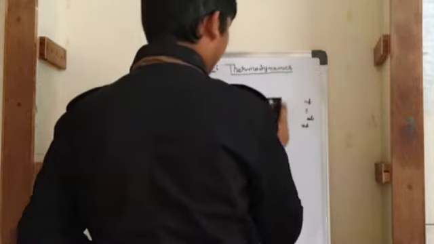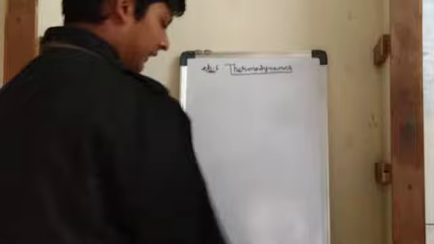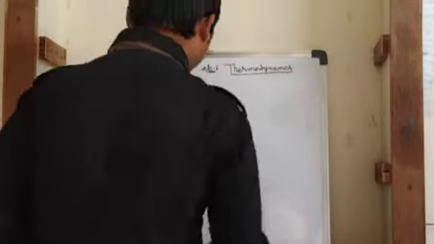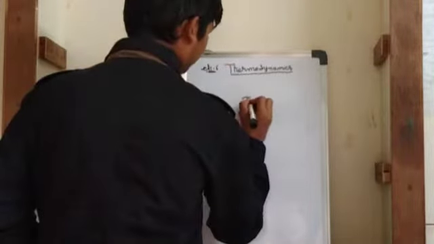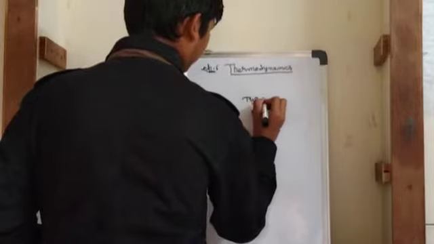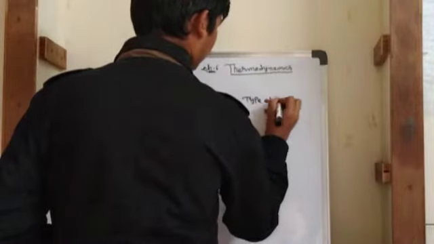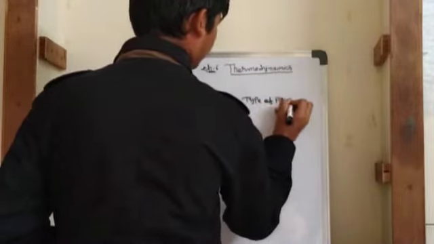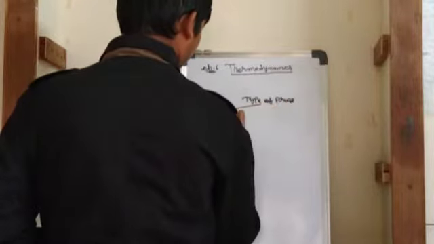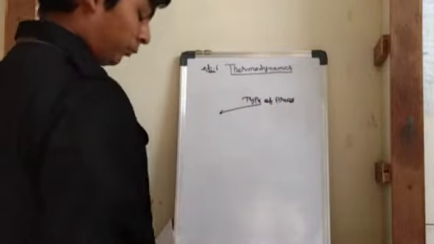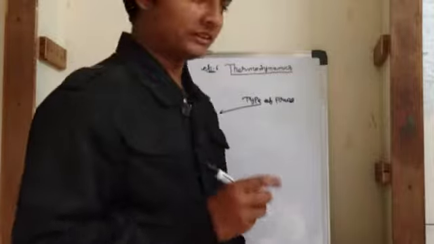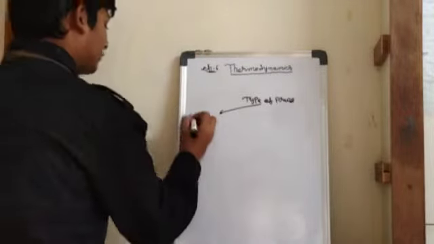So now let's begin with the first unit, which is the types of process. Let's go with the first. First process is known as isothermal process. So let me write it, isothermal.